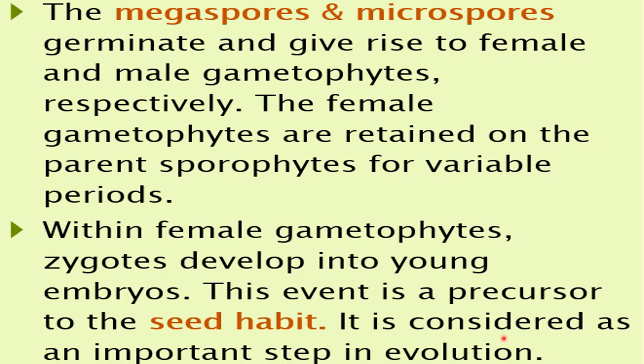It is considered an important step in evolution. Evolution means, as you know, all the plants and animals have evolved from one phylum to another, and in the case of plants from one division to the next. So algae evolved to form the bryophytes, then bryophytes evolved to form the pteridophytes, and then pteridophytes evolved to form the gymnosperms.